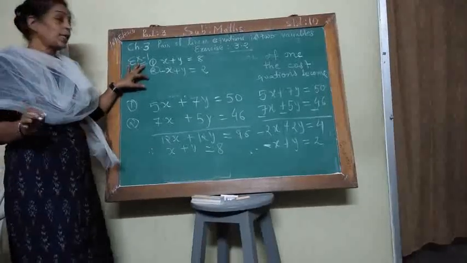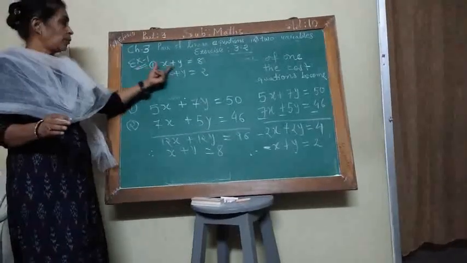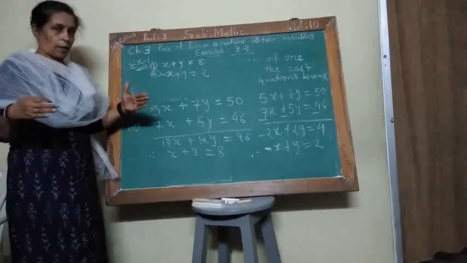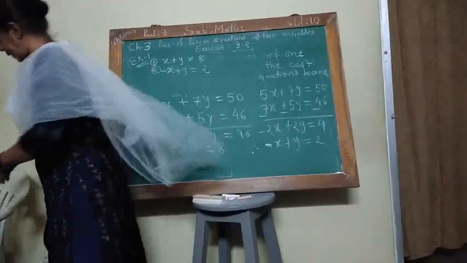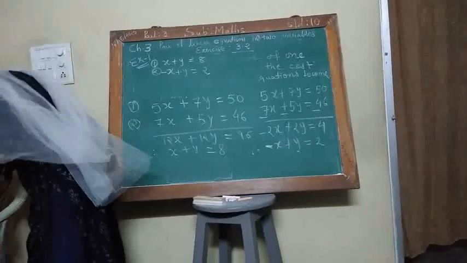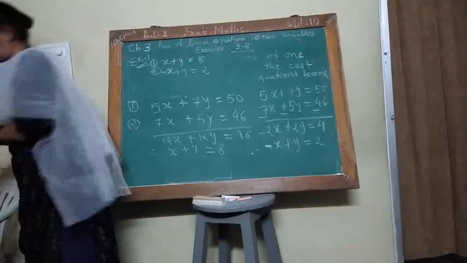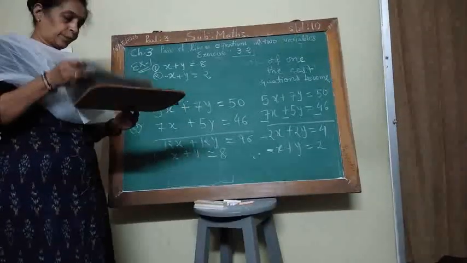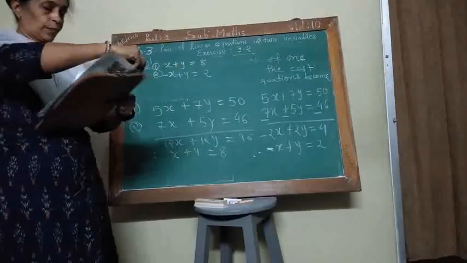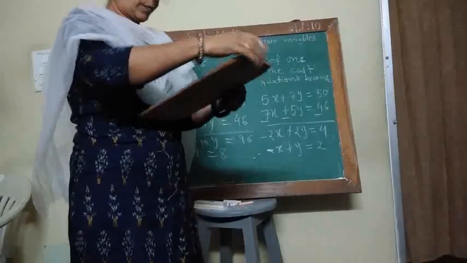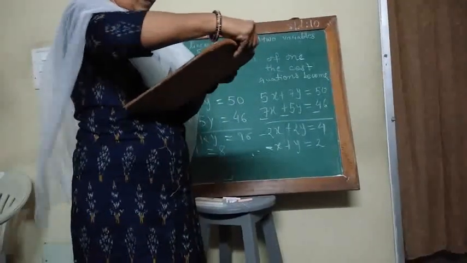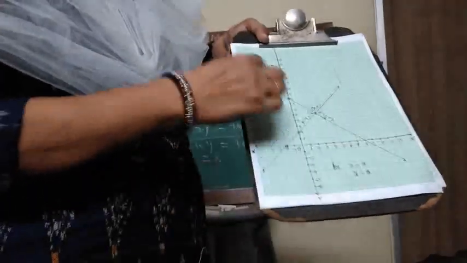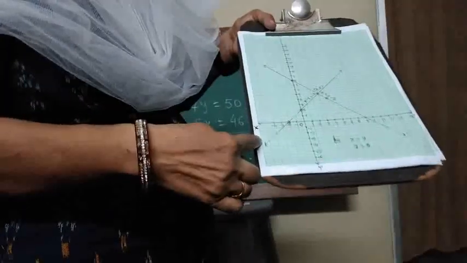Now it is very easy to make the table of these two equations, and if you draw the graph, then it looks like this. Second graph I have also drawn, and I will show you. You get this type of both lines, okay?